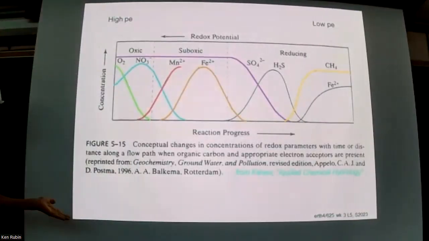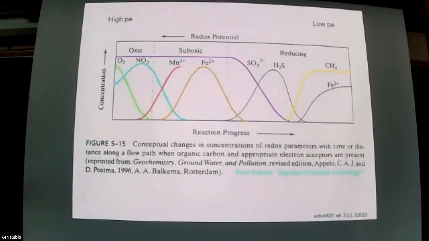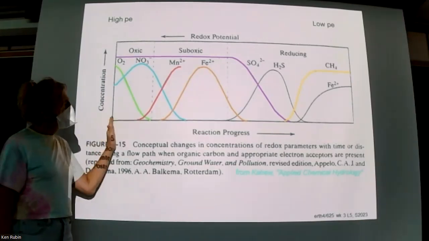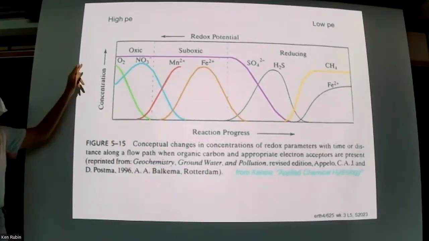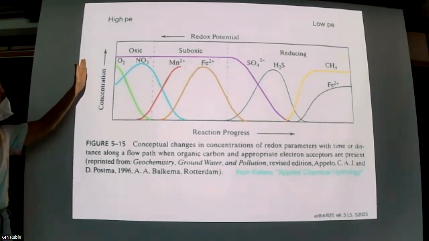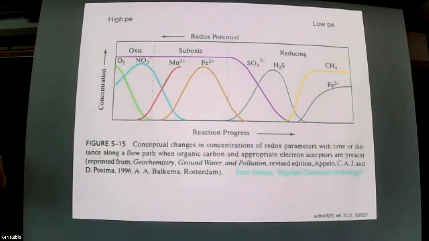This is just another version of the redox ladder, plotting the reaction progress of our unit amount of organic matter, the concentration of various chemicals, and how redox potential changes from high on this side to low. And again, those diagrams, those lines go up and down as a function of 2 things.